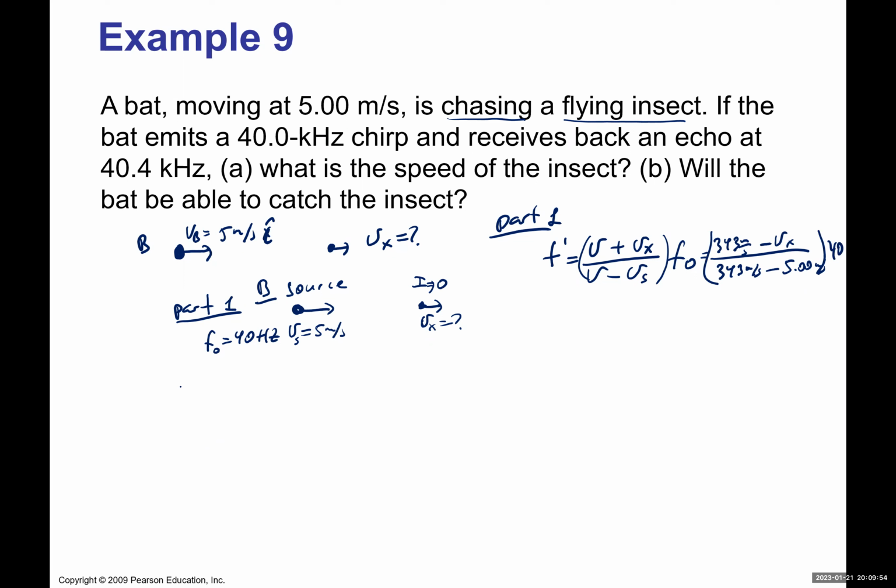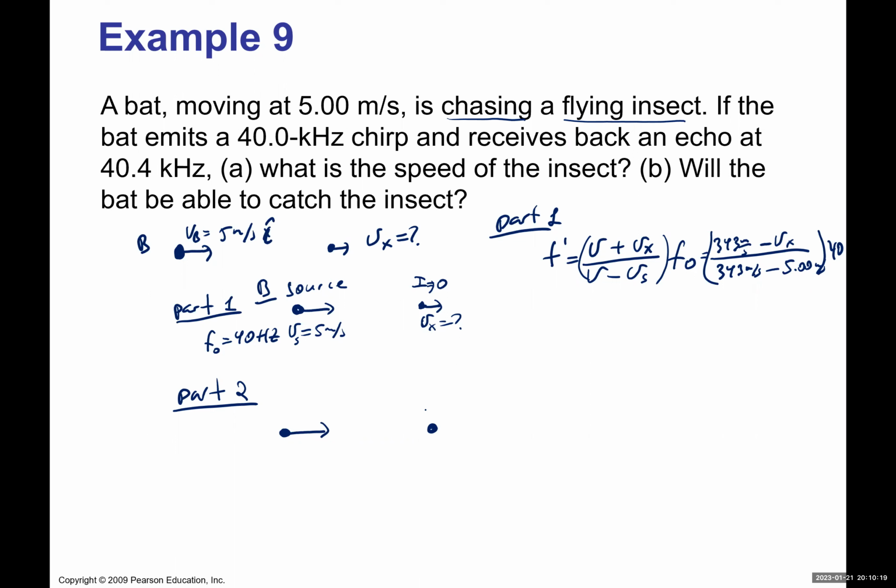All right, so then I have part two. Here, sound travels to the right, hits the insect, then comes back. So the echo is coming from the insect, which means the insect is now the source.